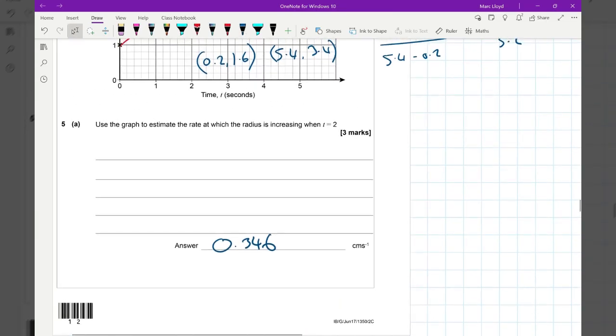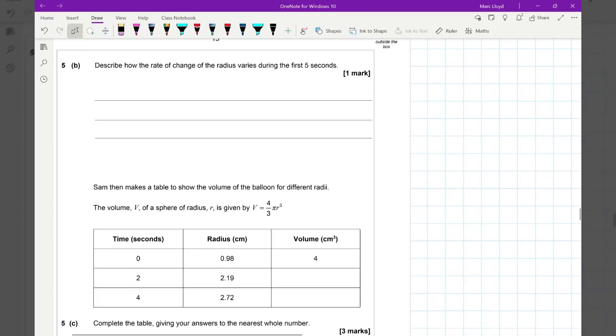Now I've done this on paper and I've just done it on the screen and I've got two totally different answers, which is very, very normal. When I look at the mark scheme, of course, because not everybody's going to draw the same diagram, it will have a tolerance. And it's saying anywhere between 0.3 and 0.45, which I think is more than reasonable.